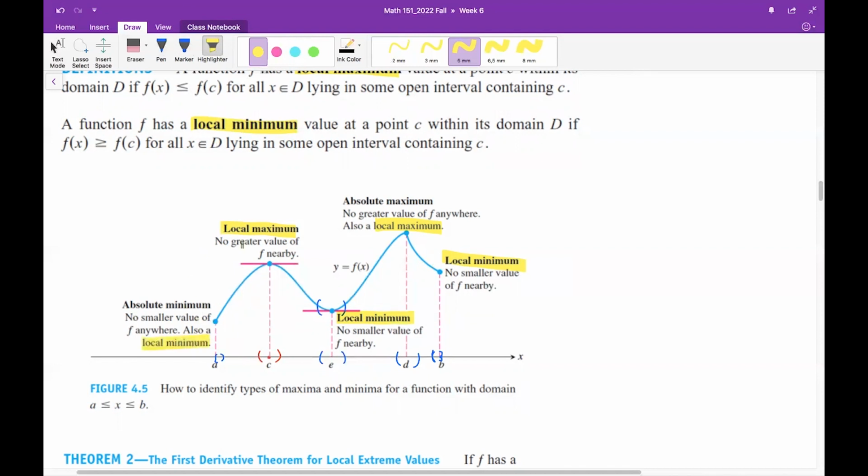And now if you search for the absolute maximum and absolute minimum, we will look at the whole domain. Obviously, this is the highest point, so it's an absolute maximum. This is the lowest, smallest point, so you can call it the absolute minimum. So one of the local maximums will be the absolute maximum of your graph.